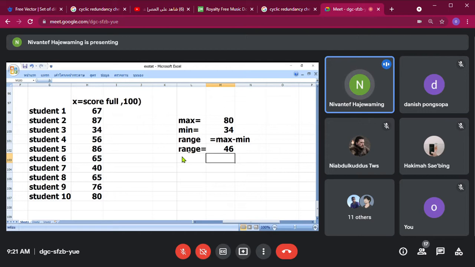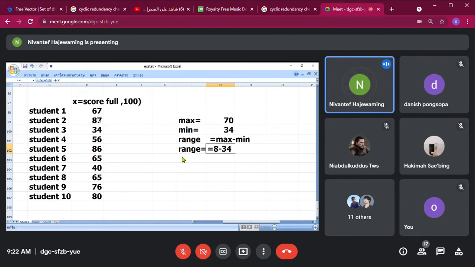Range is the difference between maximum and minimum. Maximum is 87 and minimum is 34.